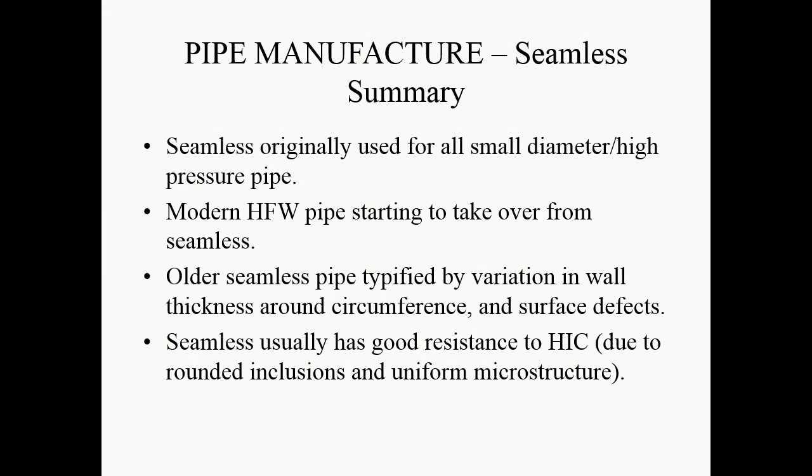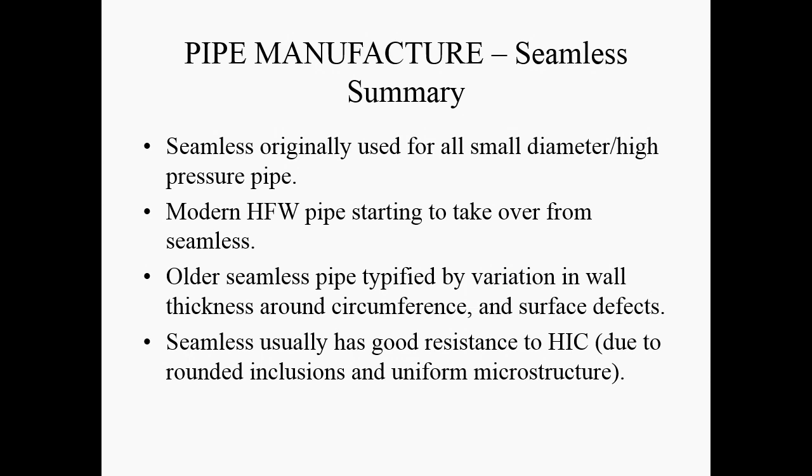Now, we don't have generally a rolled plate microstructure. We heat this billet up to a high temperature. It's then processed at the high temperature. Most of the inclusions stay round. Most of the grains stay what we call equiaxed, which is approximately round. And that means this pipe generally has quite good resistance to hydrogen-induced cracking, because we don't have these elongated defect structures which can act as crack nuclei and can make the cracking easier.